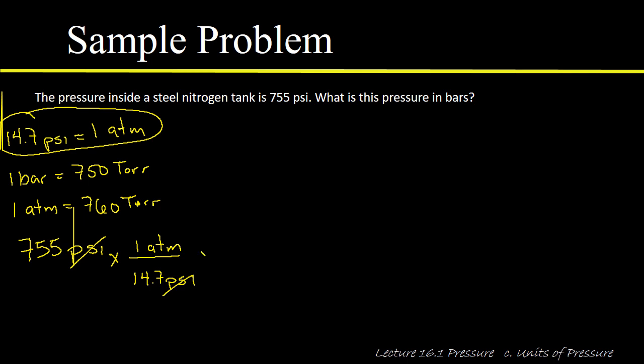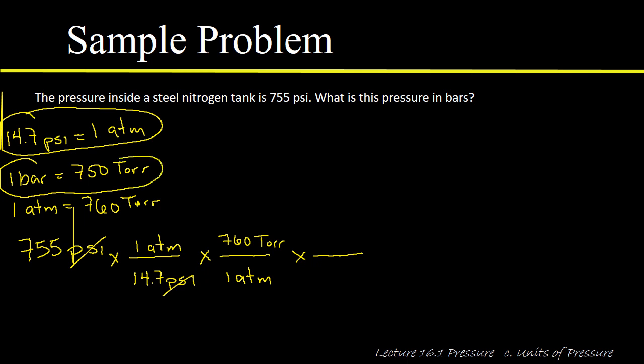And the next step, we want to convert atmospheres into torr. So we recall 1 atmosphere, that goes on the bottom because we want it to cancel. 1 atmosphere is equal to 760 torr. Okay. And then our last step, we want to convert torr to bars.